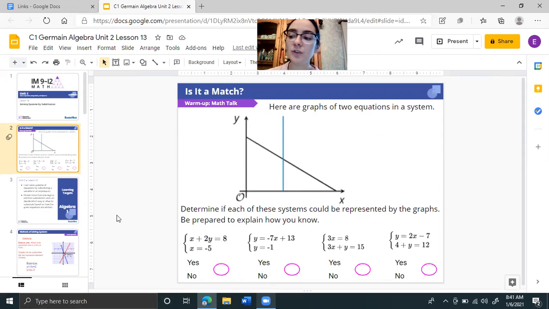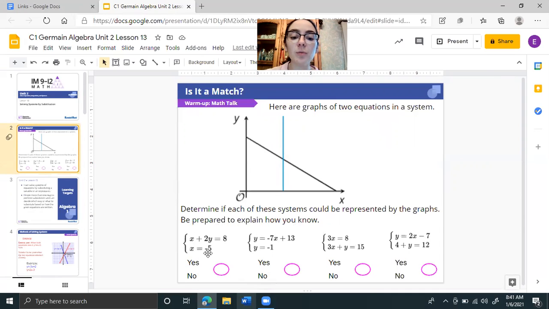So now what you need to do is take 2 minutes right now to look at these 4 systems of equations, and decide, generally speaking, could each of these systems of equations be represented by this? Could this systems of equations be represented by this graph?